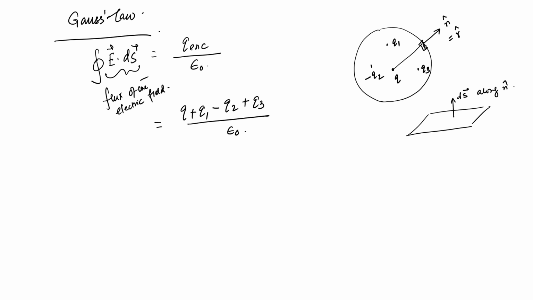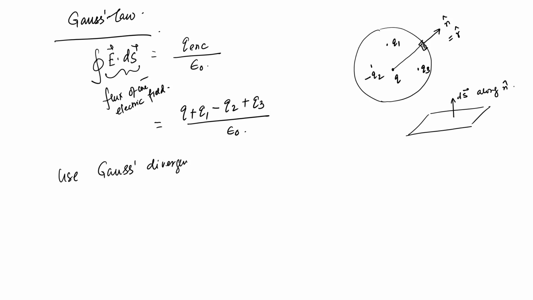Now, there is one relation about the divergence of the electric field that will emerge if you take the left hand side of this equation, Gauss's law, and use Gauss's divergence theorem. And what is the divergence theorem?